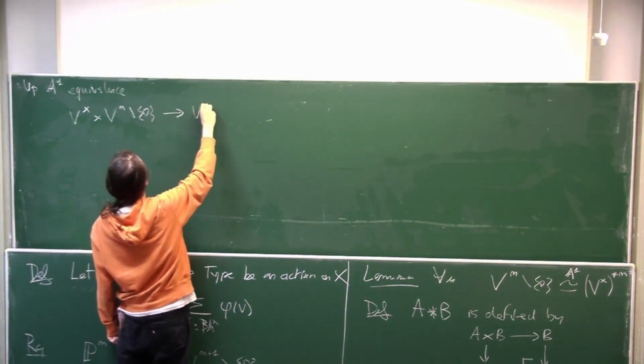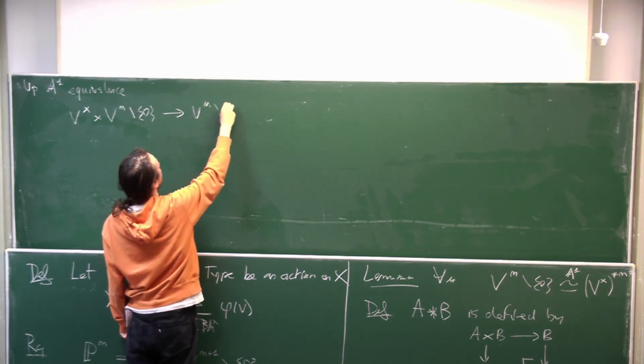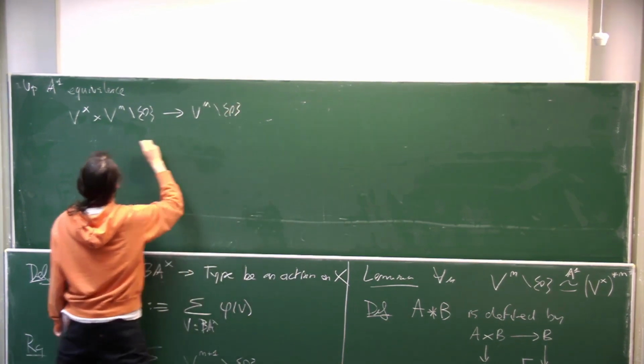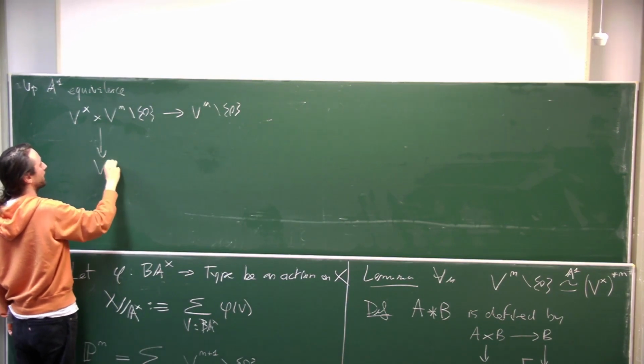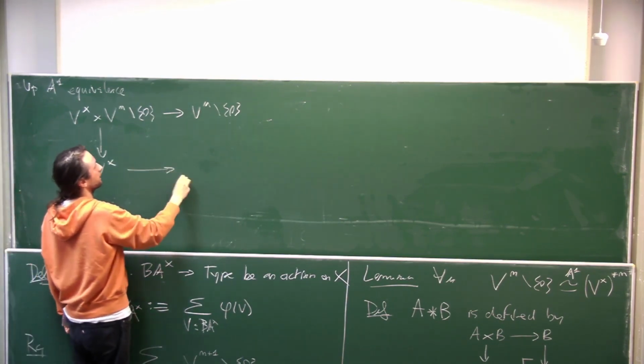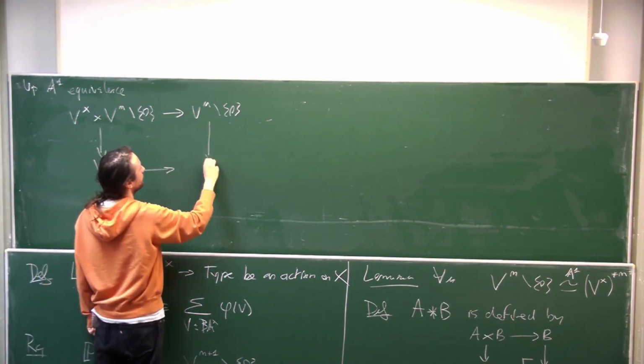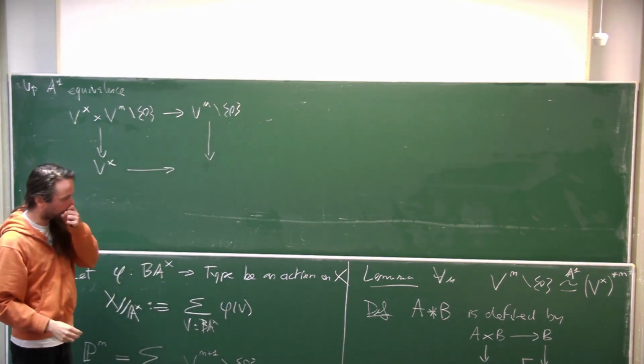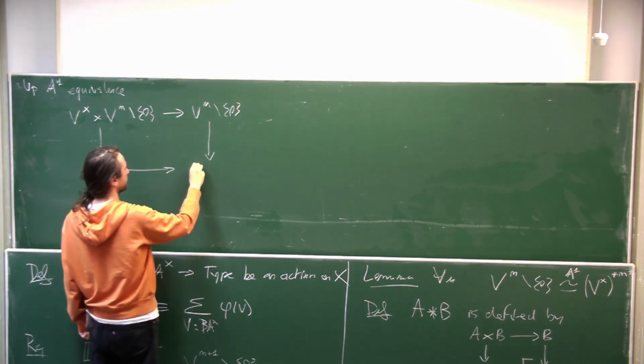Here I go to Vn minus 0. Here I go to V times. And so here I get the A1 replacement.